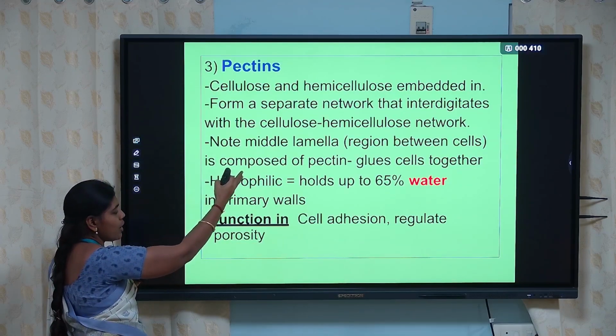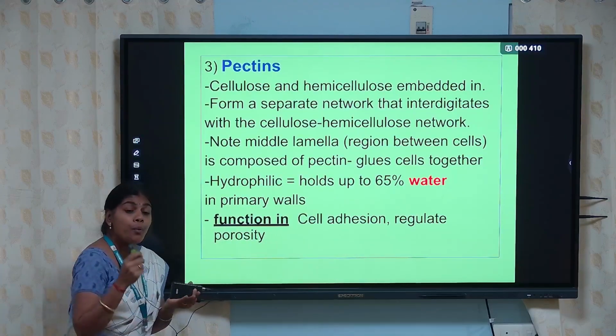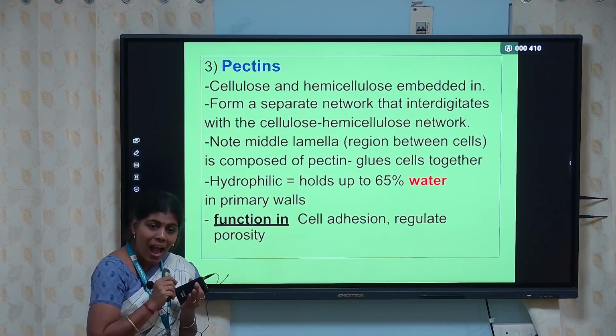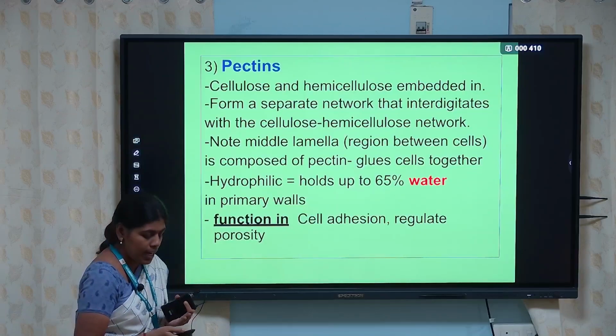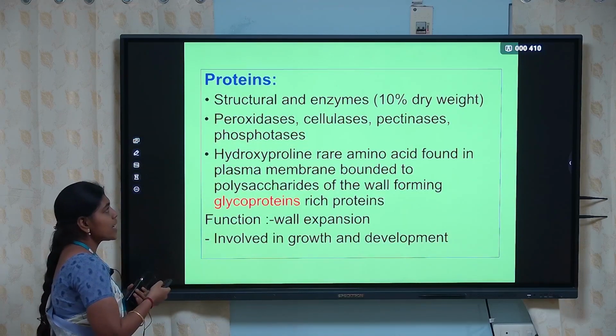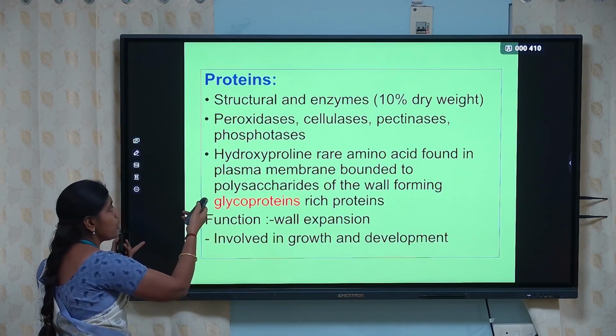So what is the function of pectin? It gives cell adhesion and regulates the porosity, that is the small pores, which are used for the transport of cell materials. So I am coming to the proteins. What are the proteins? Peroxidases, cellulases, pectinases, phosphatases.